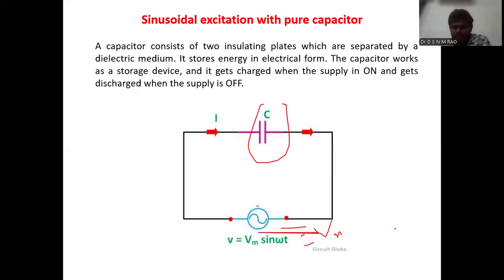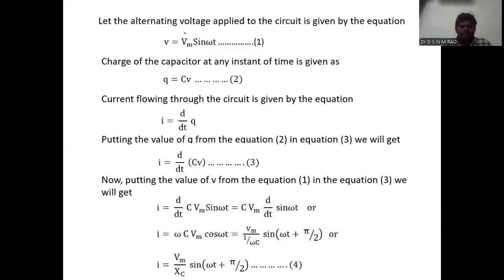The voltage signal always starts from 0 degrees, which acts as the reference signal. Let the alternating voltage be Vm sin omega t.